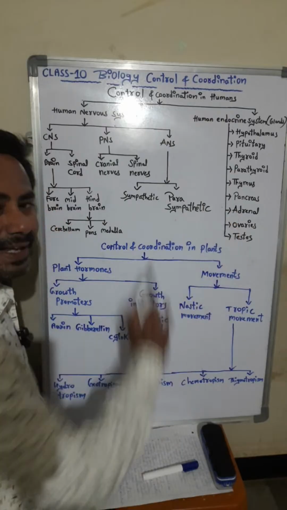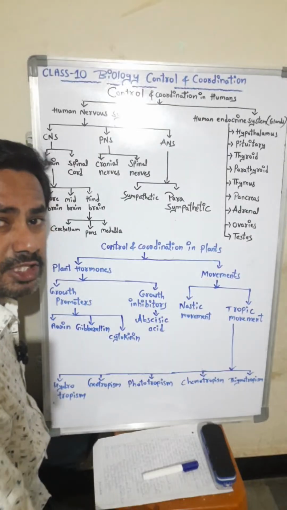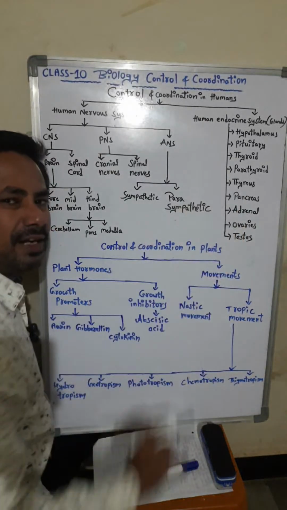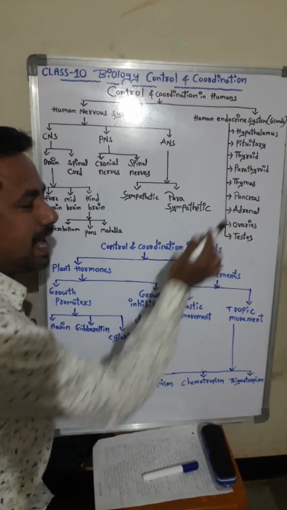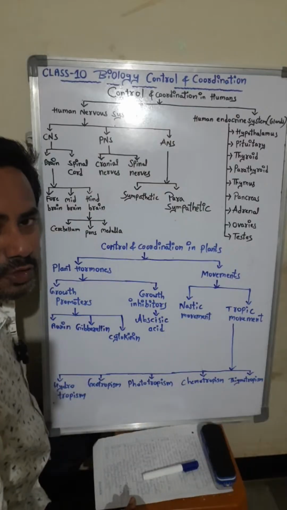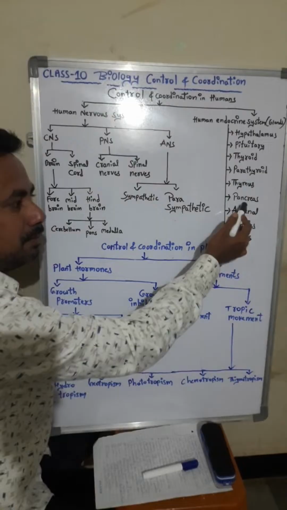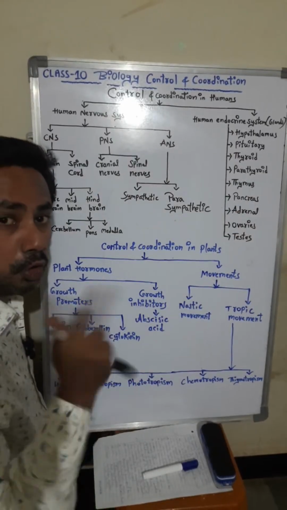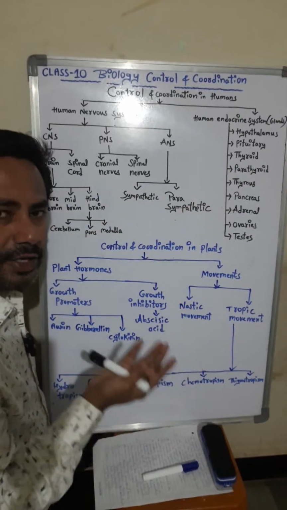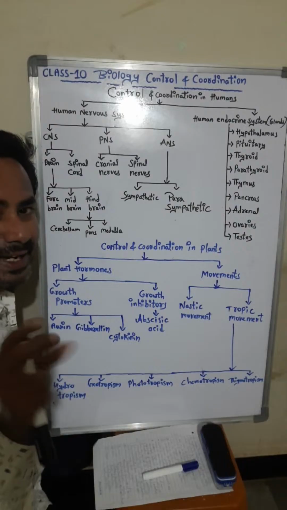Okay, so the pancreas is there. We have studied the pancreas earlier in the human digestive system, in the life processes chapter. Pancreas is both an endocrine as well as an exocrine gland, students. These all are endocrine glands, but the pancreas has both types. So endocrine glands, we know, are specialized cells that release hormones.